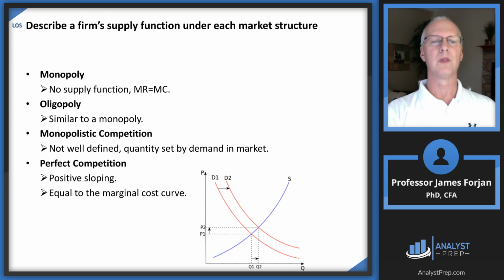Similar things with the oligopolist. Under the monopolistic competitive structure, the supply function is not too well defined, and it's really determined by the demand in the market. Now, here's the supply curve that we're used to seeing. That supply curve is upward sloping, and it is the marginal cost curve.